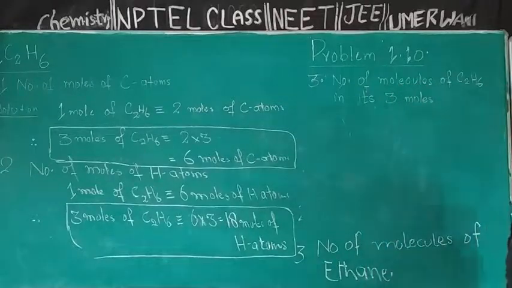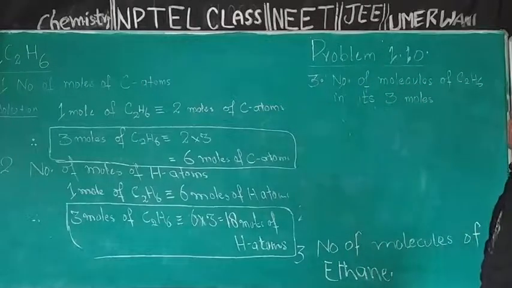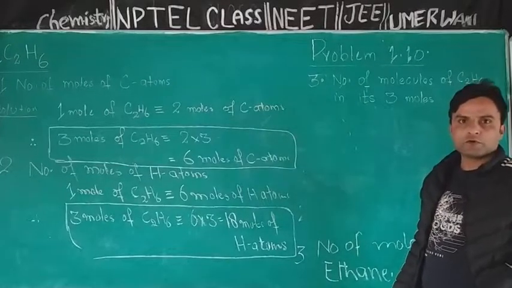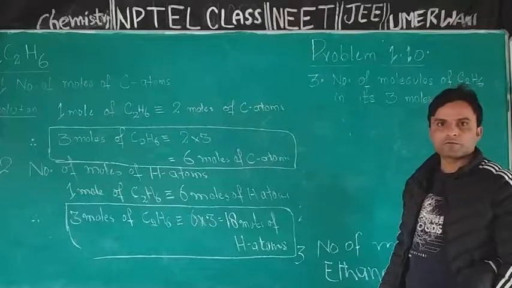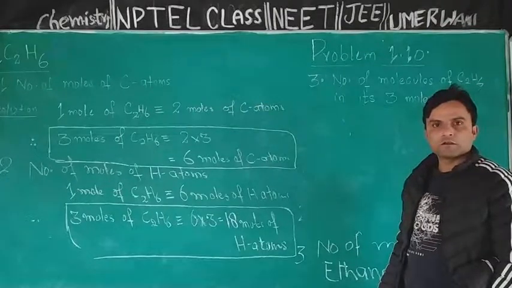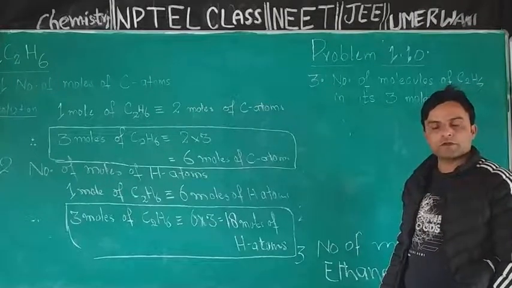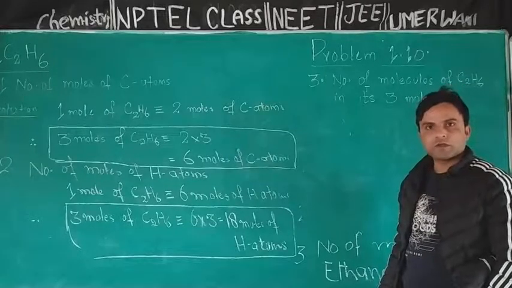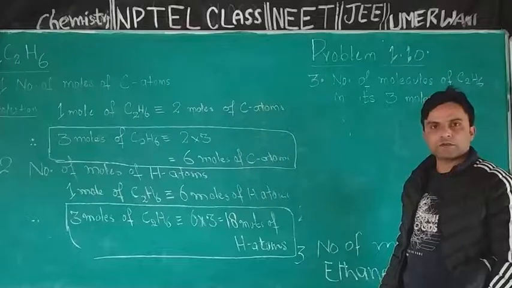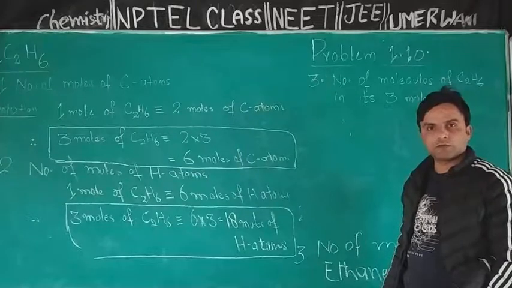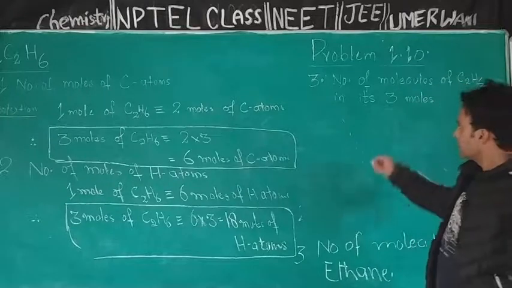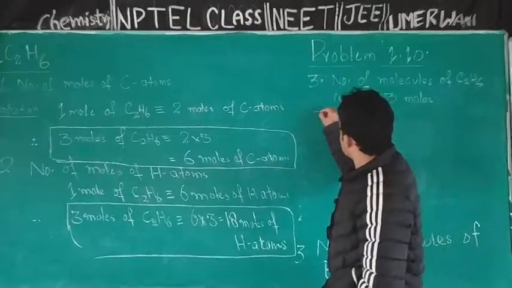This very part I will solve on basis of this idea, that 1 mole of compound contains Avogadro number of its molecules. 1 mole of compound represents 6.022 into 10 raised to power 23 molecules of this compound.